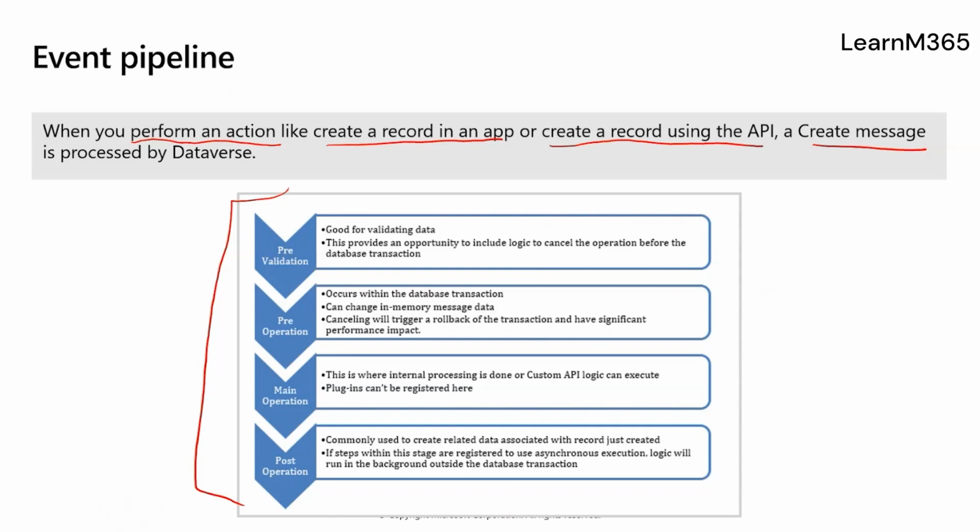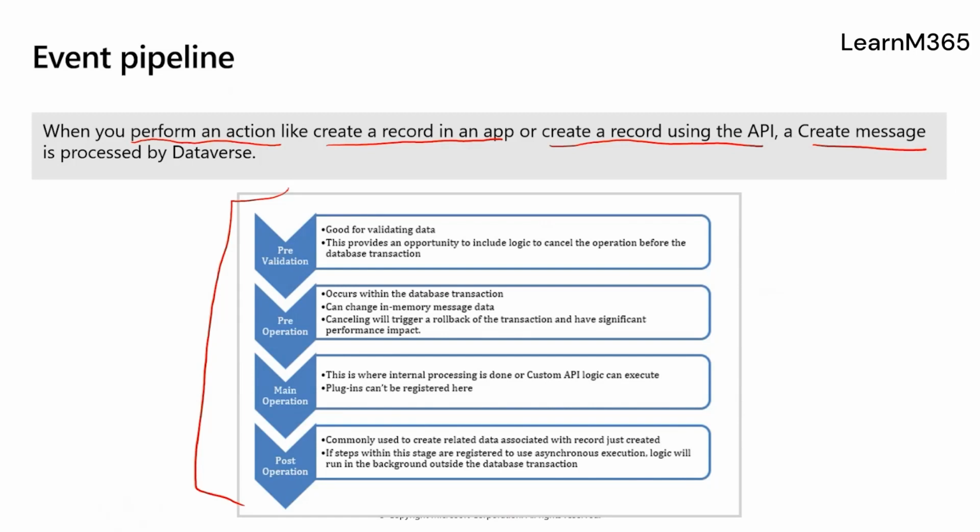This stage is good when you are looking to validate the data before processing. Then we have pre-operation, which is used when you want to change any values of the table prior to it being saved. Main operation is where you are actually doing your job.